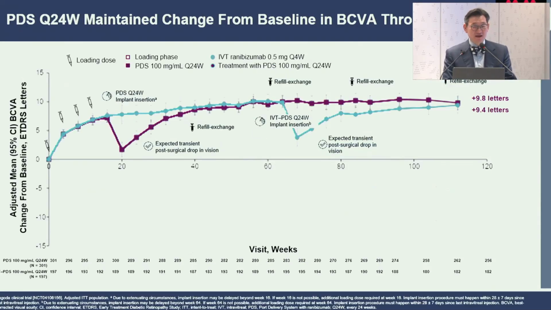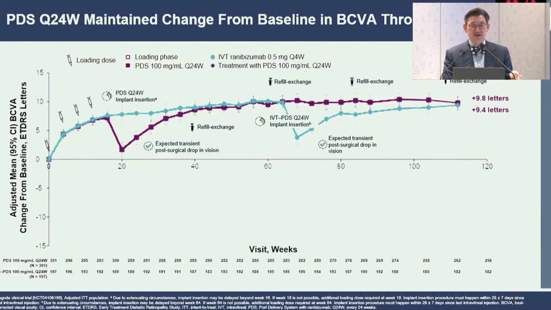So if we look here, the PDS Q24 arm maintained vision change from baseline through to week 112. You can see in the two groups, if you look at the purple line, that's the PDS arm, and there's a drop around the time of, or immediately post-op of the PDS device at week 16.